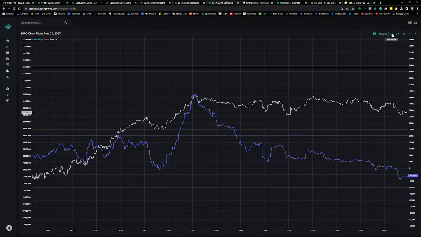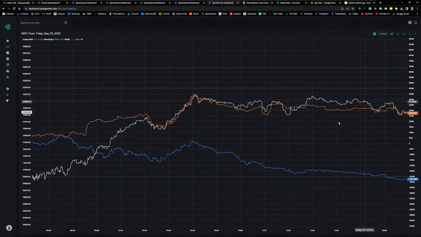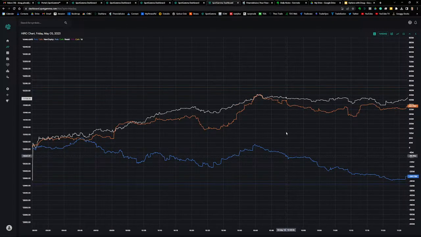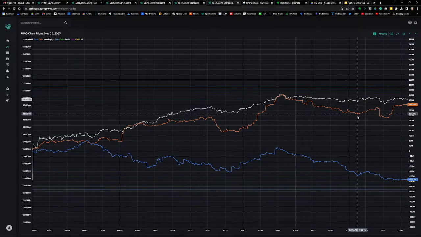Let's just see what traders were doing. So they're buying calls and buying puts. Zoom in a little bit more. For the first hour, it's pretty clear that call buyers were driving price higher.